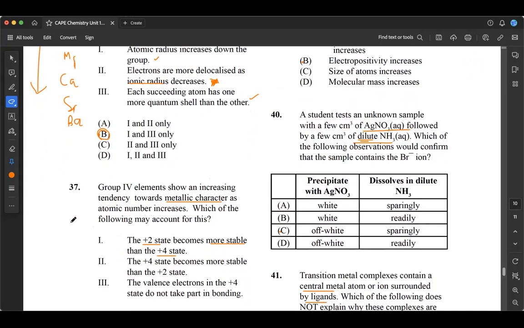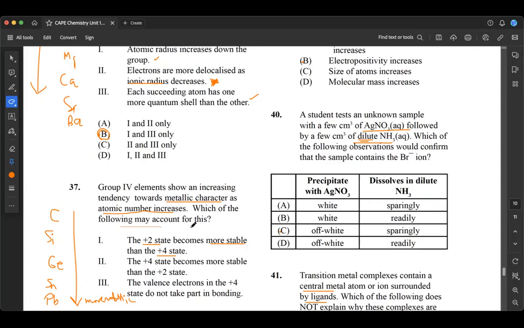The group 4 elements are carbon, silicon, germanium, and then we have tin, and then we have lead, right? These are the ones that we're concerned about for CAPE. So they're saying now as the atomic number increases, which would be as you're going down the group, you become more metallic, is what they're saying. More metallic character, right? More metallic as you go down the group.